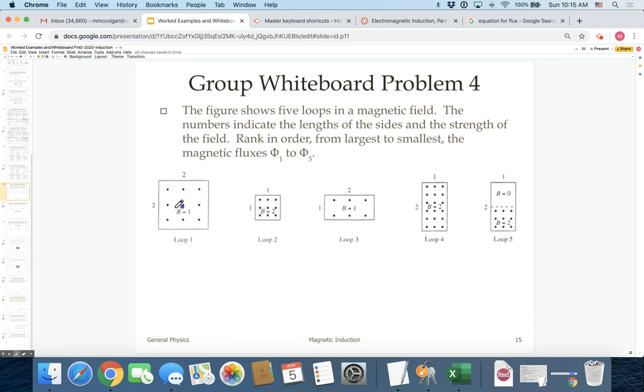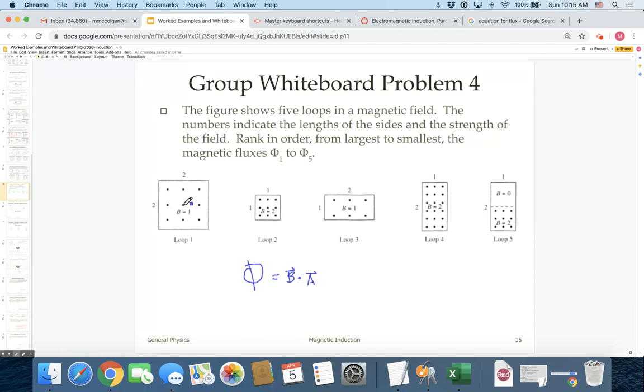But just remember, I think one of the most confusing things about that is the dot product. So if we think about the equation phi is equal to B dotted with A, where A and B are vectors. Well, if we have an area, like in this case the area of this square, the area vector is really the area times the normal to the surface.